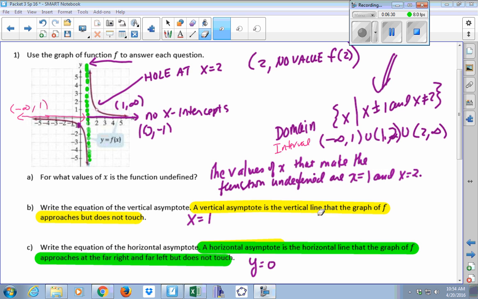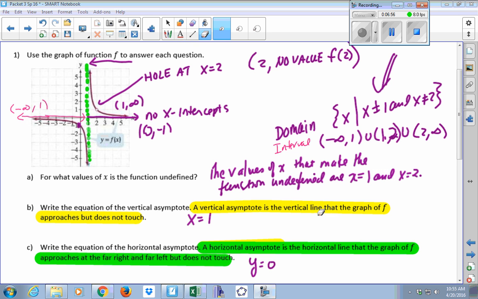So if we had an equation for this, which we don't right now because it would be more complicated than what we need to look at today. But if you took this whole graph and shifted it up 3 units, then your horizontal asymptote would be the horizontal line y equals 3 instead of the x-axis, which is y equals 0. Because every value of y on your x-axis is 0, and it would just shift up so every value of y would be 3.